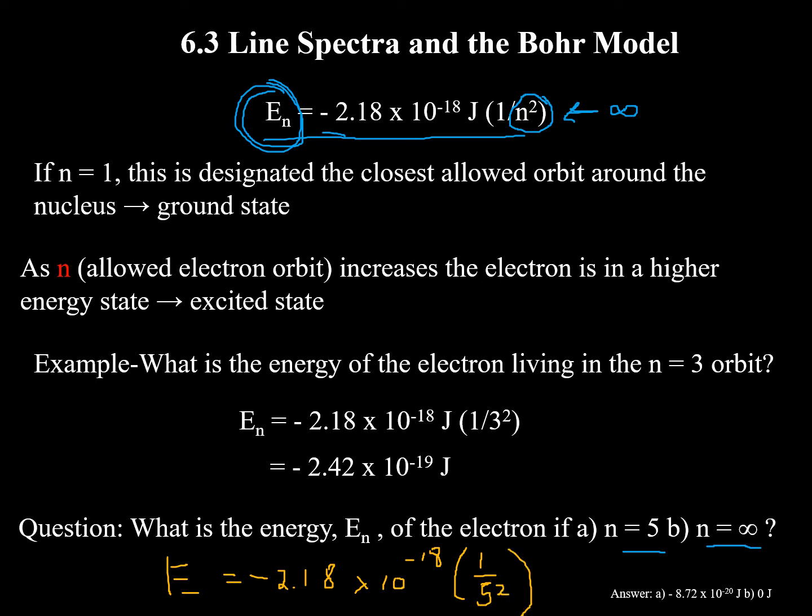If you multiply this out, you get negative 8.72 times 10 to the minus 20. So E equals 0 is a higher energy than E equals negative 8.72 times 10 to the minus 20. I'll just repeat, as you go away from the nucleus, the energy for the particular levels gets higher, to a maximum of 0.